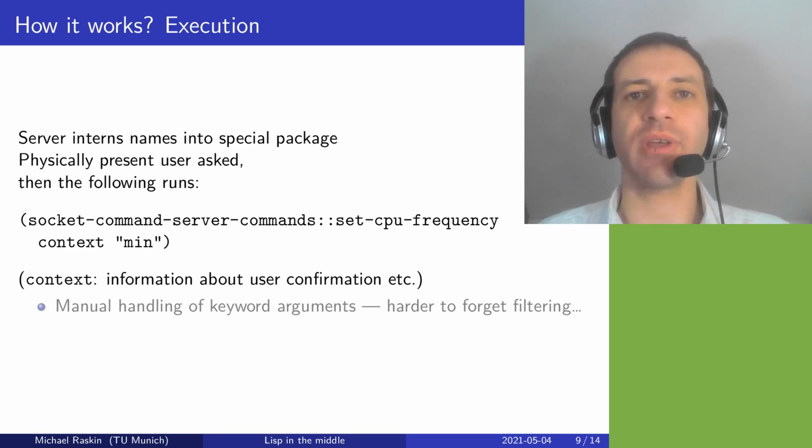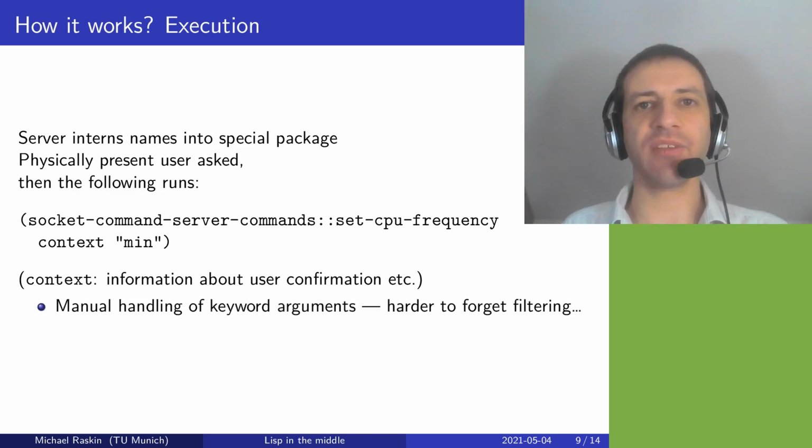So on the top level we have this check whether the password has been read correctly, and then we have this check which asks the user, and then there is set CPU frequency which gets parameters context and mean. The function set CPU frequency has two parts: first it checks policy, whether it is enough that the user has pressed enter when presented with the question should we change the frequency, or whether something else has to be checked to proceed. And the second part is the actual implementation calling the function which changes the CPU frequency.